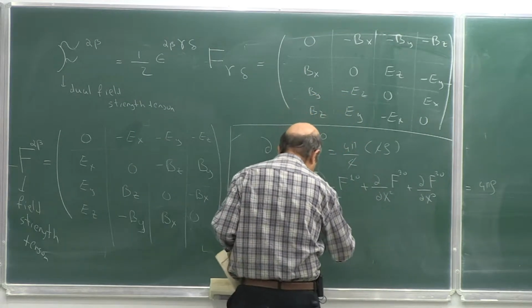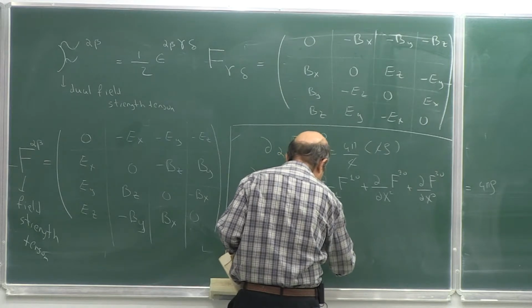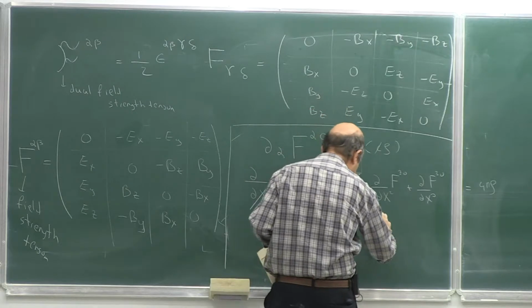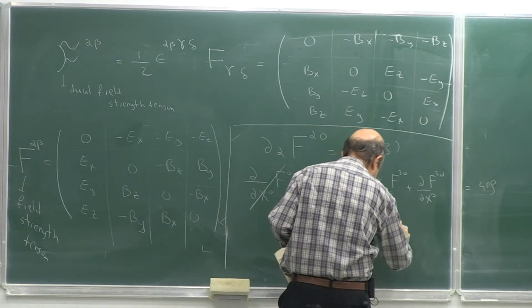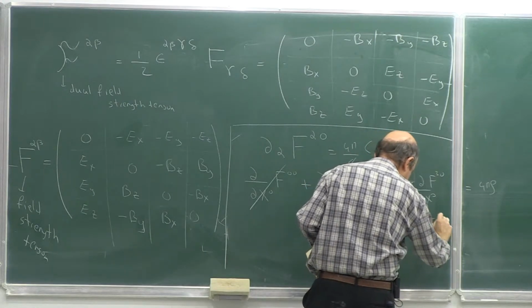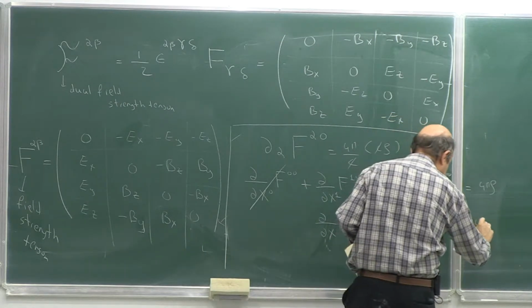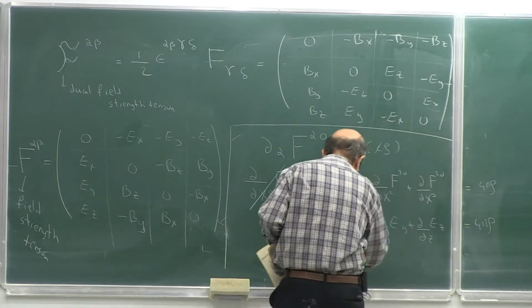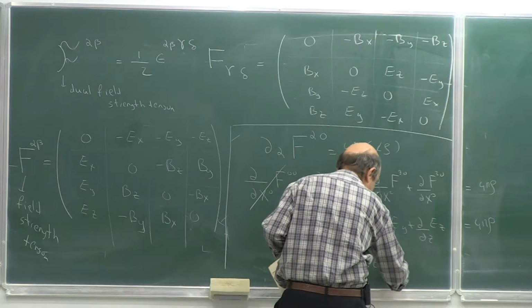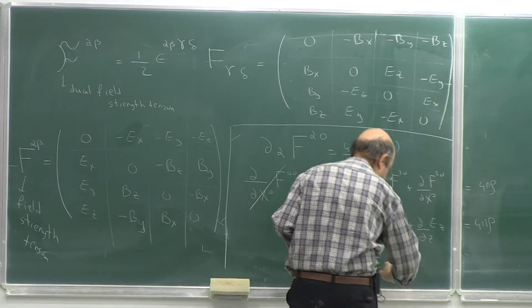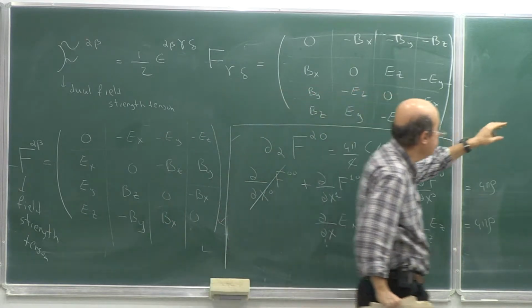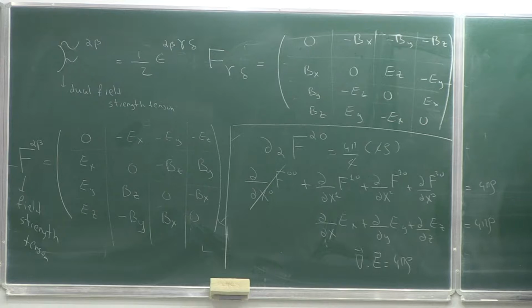So this is nothing but del over del x Ex, del over del y Ey, del over del z Ez is equal to 4 pi rho, and that is nothing but divergence of electric field is equal to 4 pi rho. Okay? So this is for beta equal to 0.